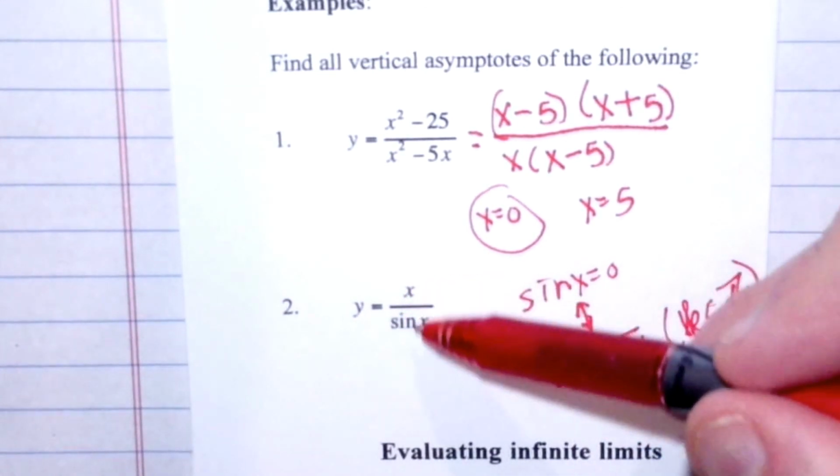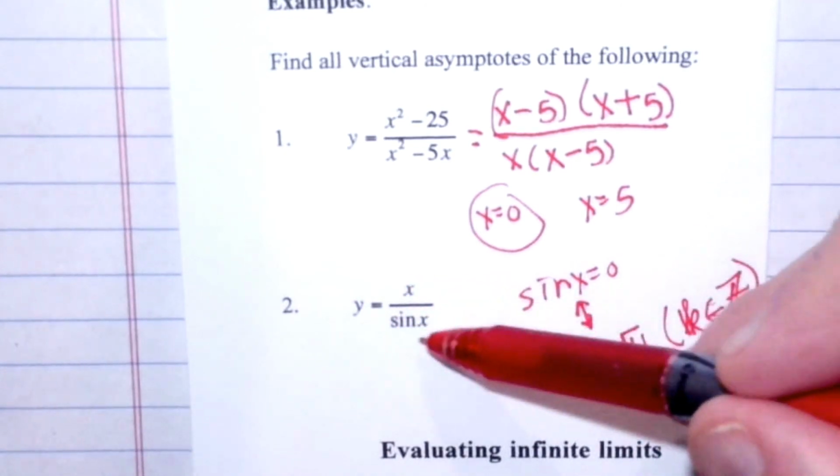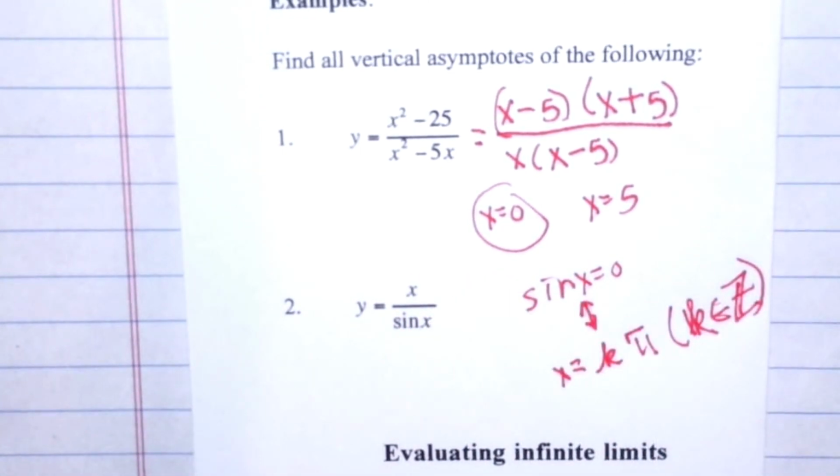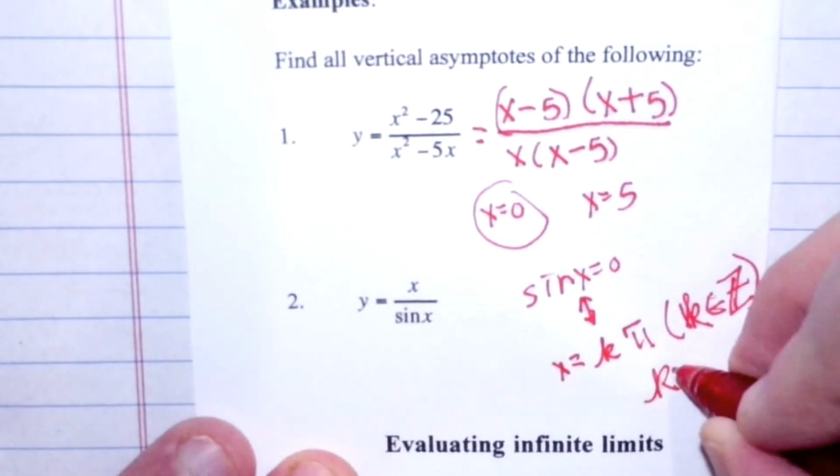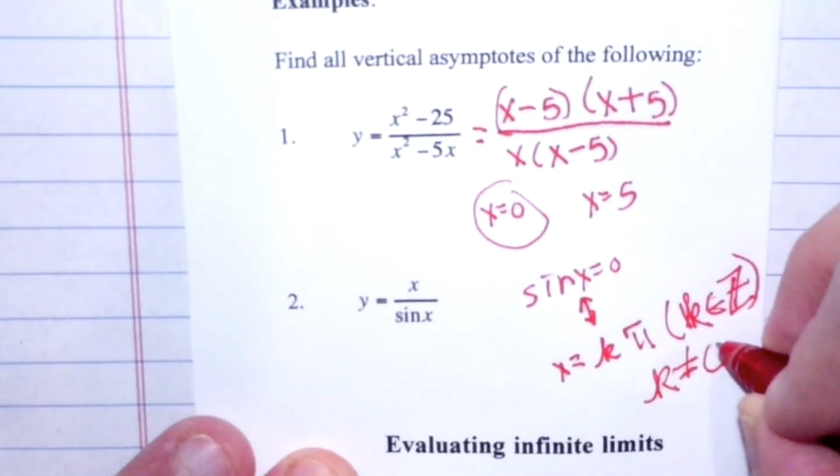If you look at the reciprocal of this function and take the limit as x tends to 0, you're going to get 1. If you take the reciprocal of the function, the answer is going to be the reciprocal of the limit, so the limit is the reciprocal of 1, which is 1. You do not have an infinite limit at 0, so you don't have a vertical asymptote at 0. So I need to add the restriction that k cannot be 0.